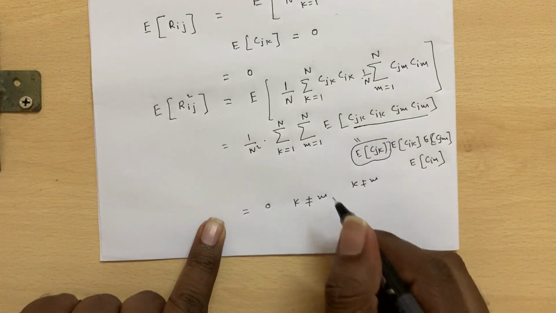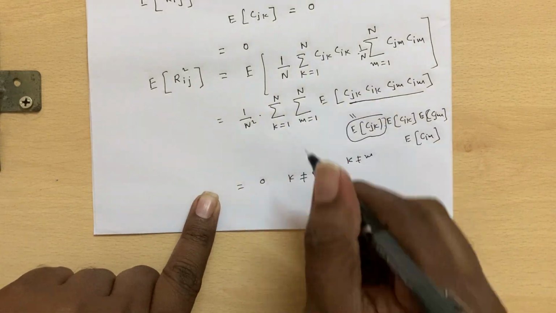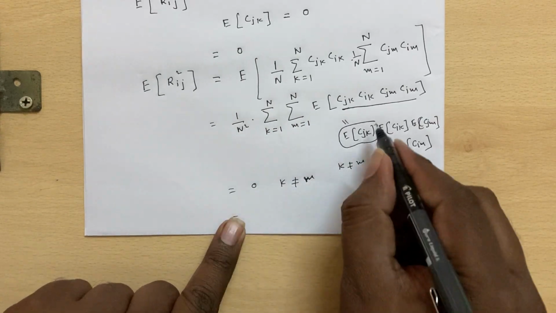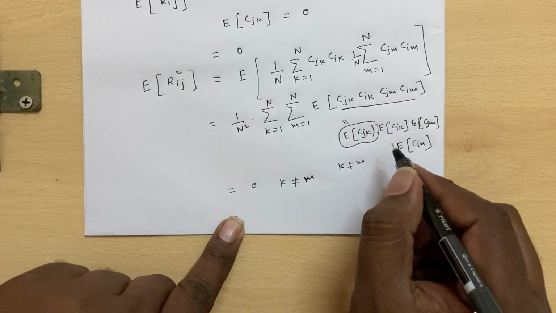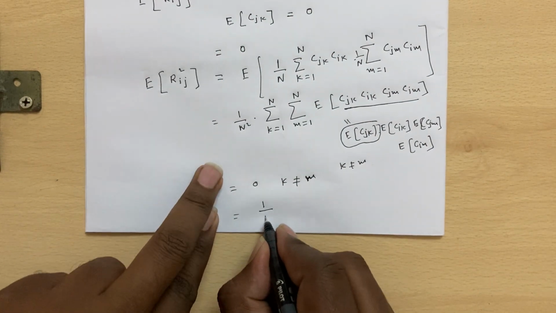The remaining products are for k equal to m. For k not equal to m it is 0 because the individual chip average is 0. So for k equal to m, it is 1 by n square.